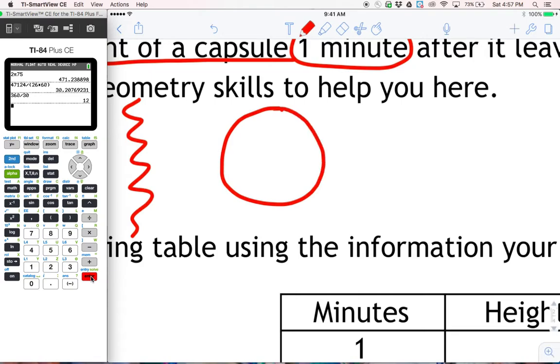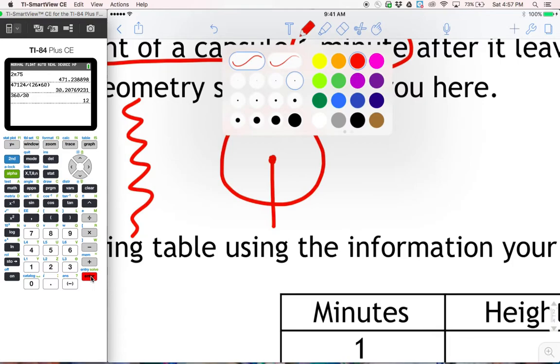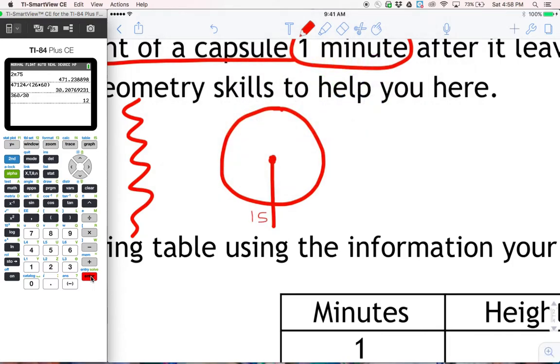Here's my circle. Here's the center of my Ferris wheel. So we got to start labeling some things here. The first thing we're going to say is we know that the loading platform is 15 meters off the ground. And we want to know, where is this little capsule after 1 minute? Well, we just figured out that the degrees it had turned is 12, right? 12 degrees.